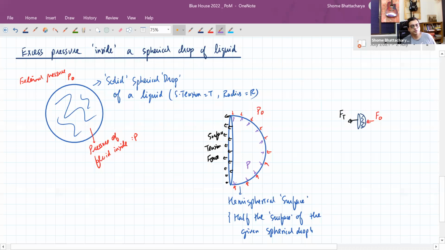And there will be a net force due to internal pressure in this sort of direction. So here, the net force due to surface tension on this half surface.